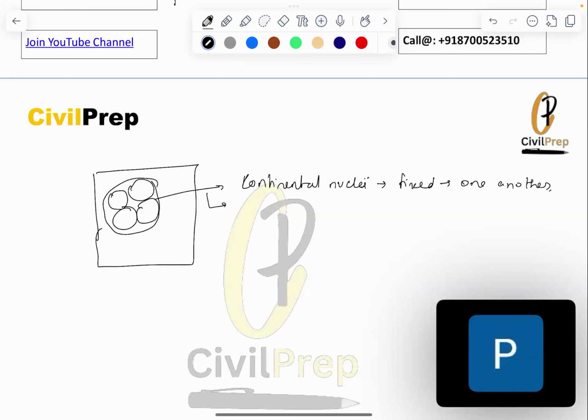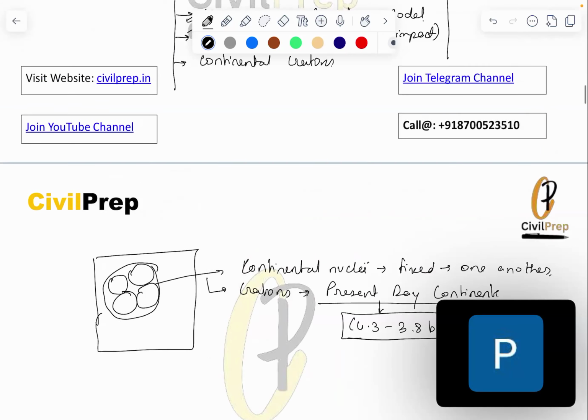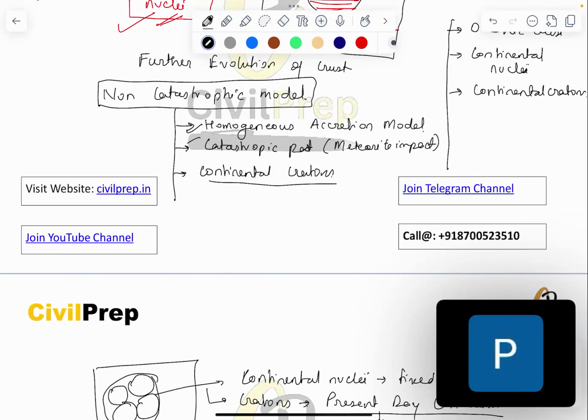This resulted in the formation of cratons, and this also resulted in the formation of present day continents. We can see here the present day continents are almost 4.3 to 3.8 billion years old. So this is supported by the non-catastrophic model, the continental cratons here.